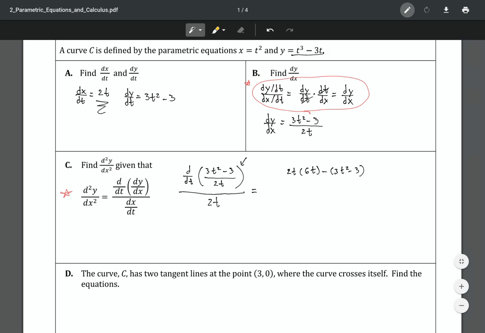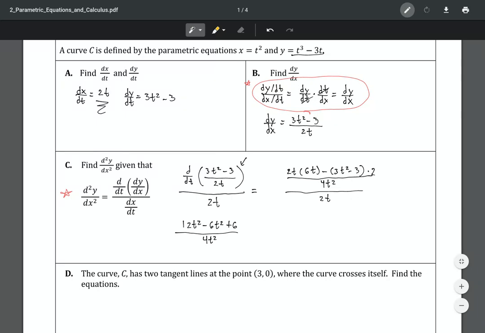So low d high minus high d low, all over the bottom squared, so 2t squared would be 4t squared, all of that over 2t. When we simplify the top here, we would end up with 12t squared minus 6t squared plus 6 over 4t squared.